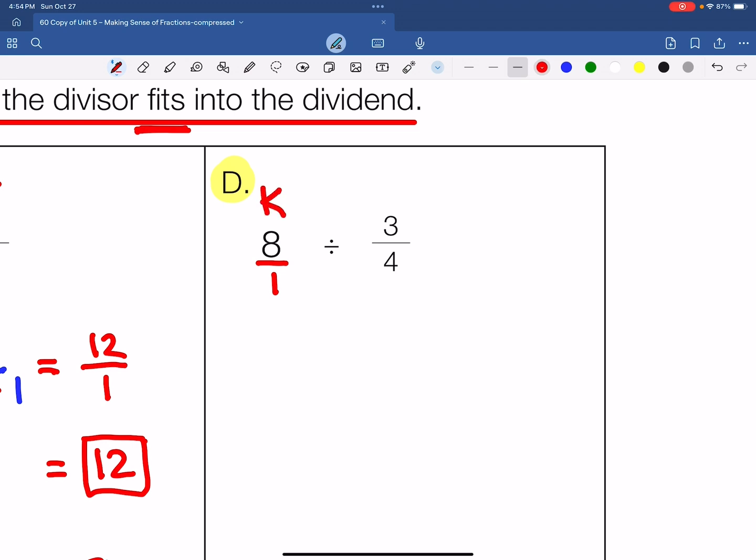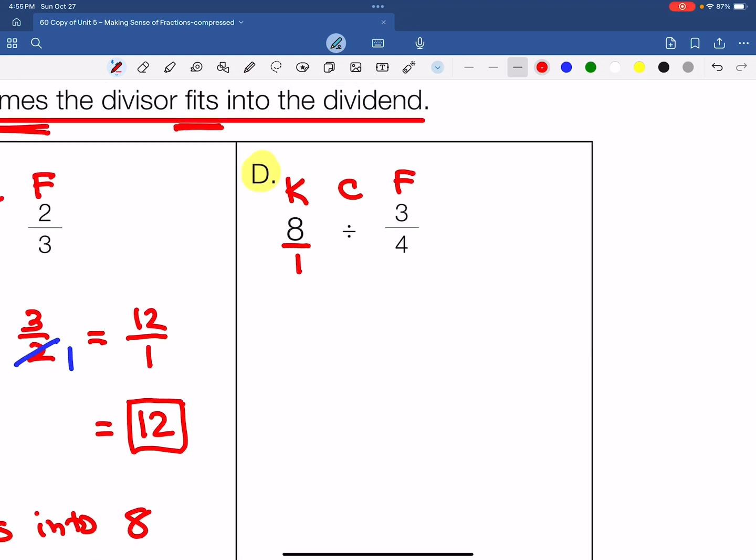We're going to keep 8 wholes, or 8/1, change division into multiplication, and when you do that, you also have to flip the 3/4 into 4/3.